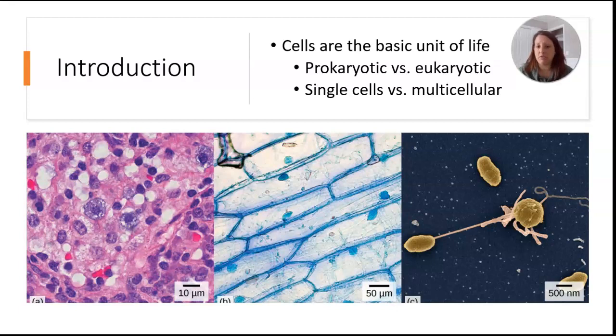Prokaryotic organisms are also single-celled. Okay, so when we see the term prokaryotic, we're going to think no nucleus, no membrane-bound organelles, and all organisms that are considered to be prokaryotic are going to be single-celled organisms. And we're going to learn that they belong to 2 domains, the domain bacteria and the domain archaea, or archaea. Some people say it that way.